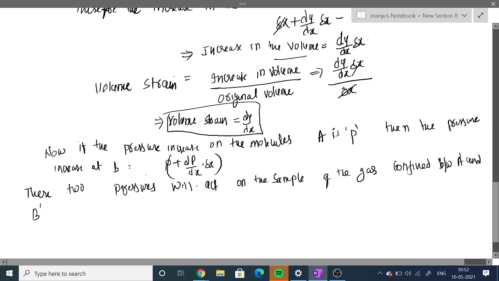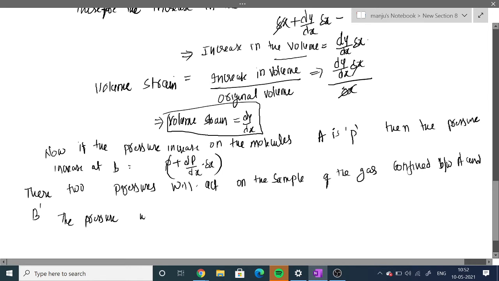So there is definitely a pressure difference between A and A dash and between B and B dash. We have seen that.